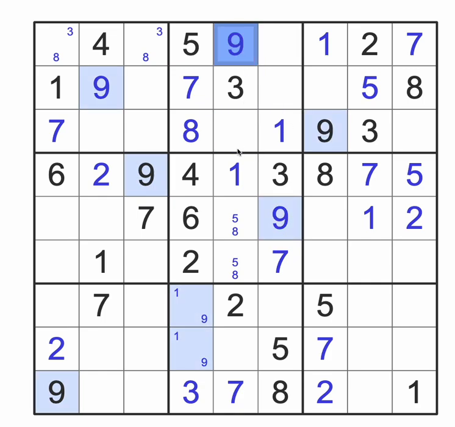Gives me 9. These are 2, 4, 6. And this cell is blocked by 2 and 4. Makes this cell 6. And 2 here blocks this cell. Gives me 4 and 2.